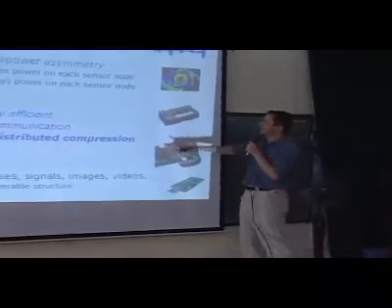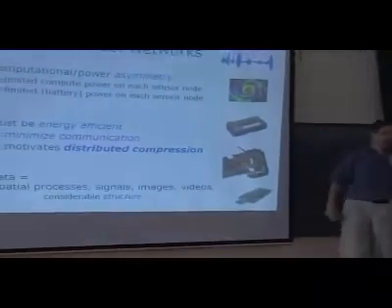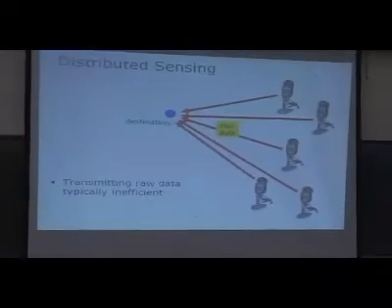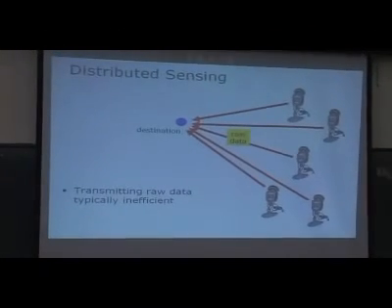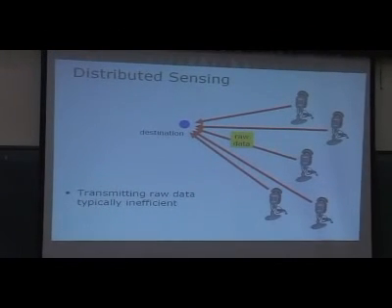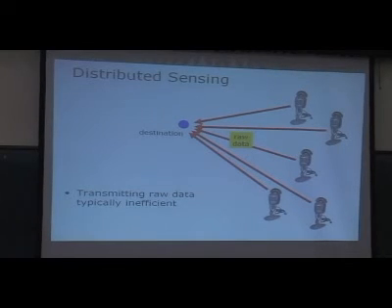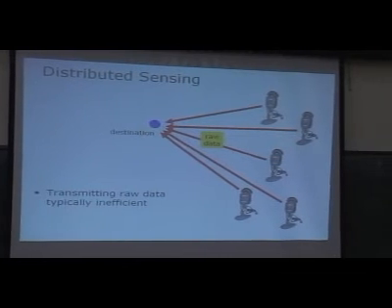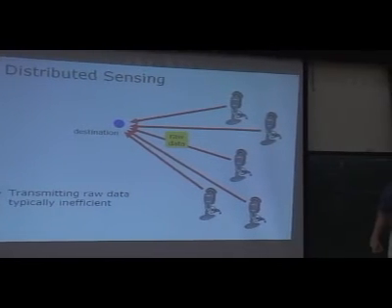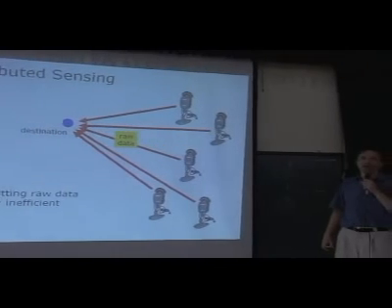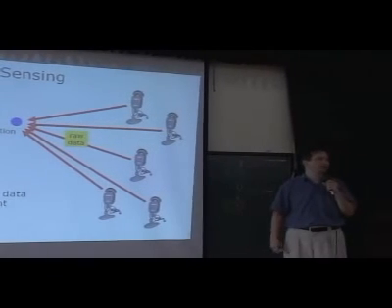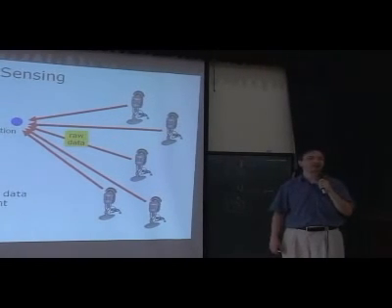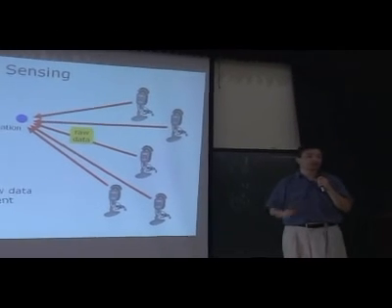Okay? So one example of this, I'll just illustrate an example, is distributed compression. So, I already said, let's say that we have a bunch of microphones. Each of you has 2 microphones, your ears, right? Well, let's say that I'd like to transmit out of this sensor net the sound that's heard at the various different places inside the room.